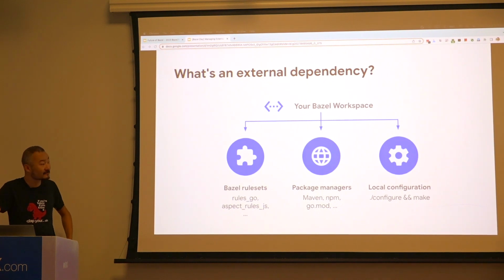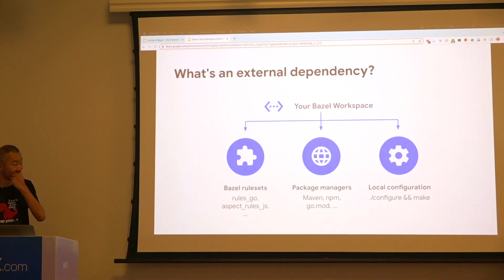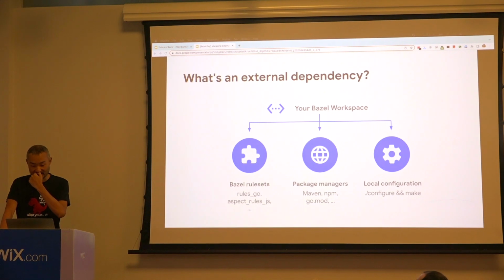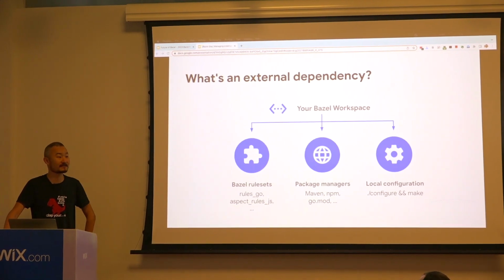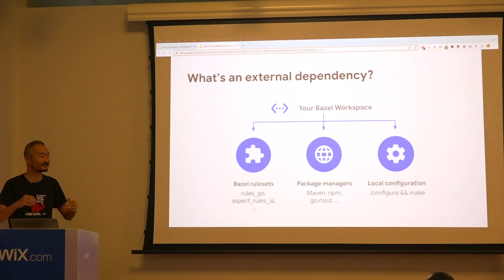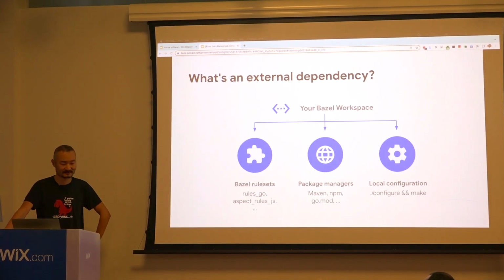Also, an external dependency doesn't necessarily come from the internet. Certain builds can make use of toolchains installed on your local machine, for example C++ builds in particular. Configuration of such toolchains often happens before the build actually runs, so we try to look up what GCC or what Clang you have installed on your system.